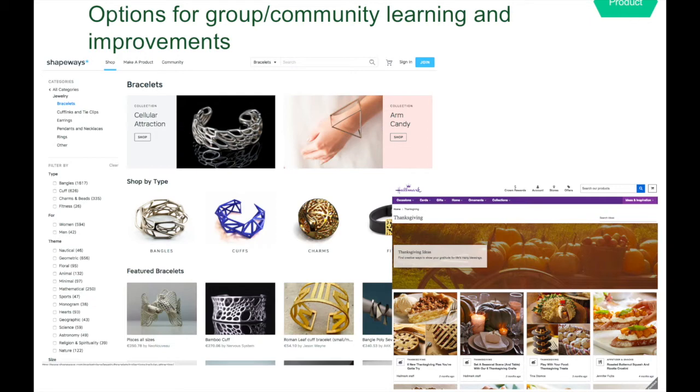Another example of this group learning or group improvement would be Hallmark. That's the right side, the lower right side. Hallmark is known for cards, yes, for holiday cards, for Christmas cards, and so on. And they have expanded their services, and one would be the Thanksgiving ideas.